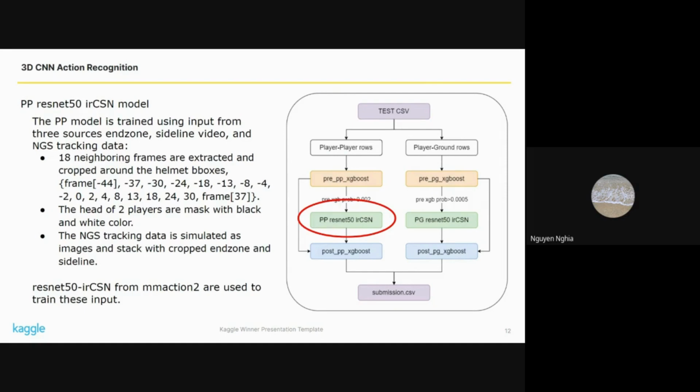The NGS tracking data is simulated as images and then stacked with the end zone and sideline to make one input for this model. I use the ResNet50 CSN from MMAction to train.